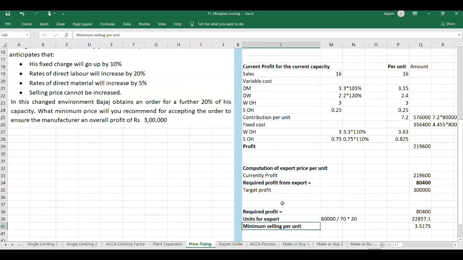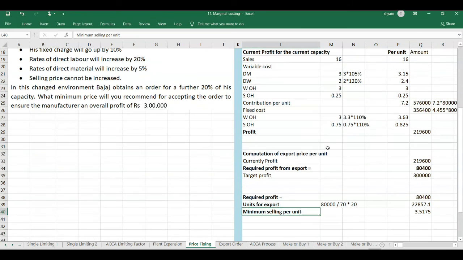Can they sell at this cost? See, the answer is no. Required profit is this much, and they just want this much profit, and this is the total number of units being sold. Even if we price at 3.5, we can meet this profit.